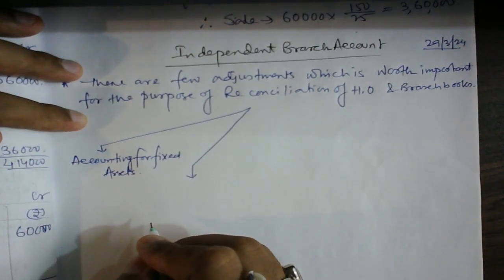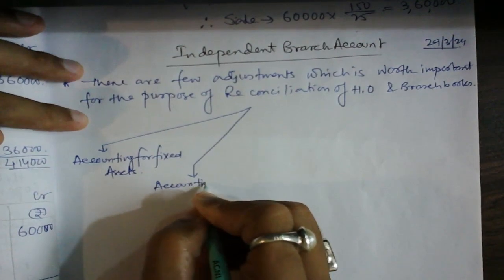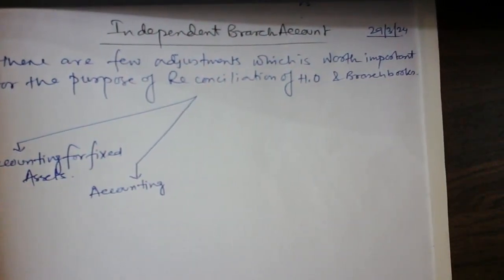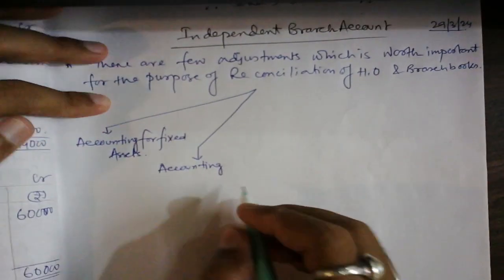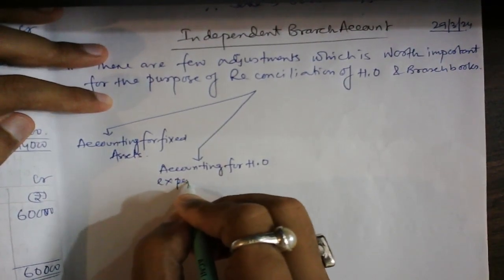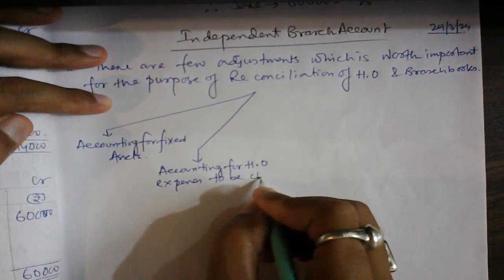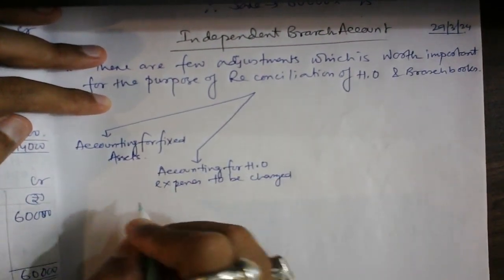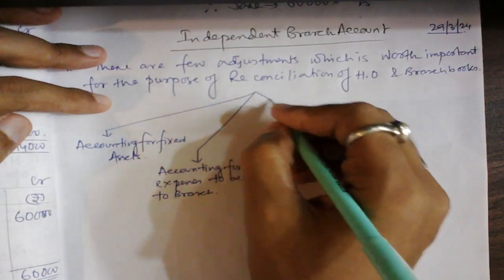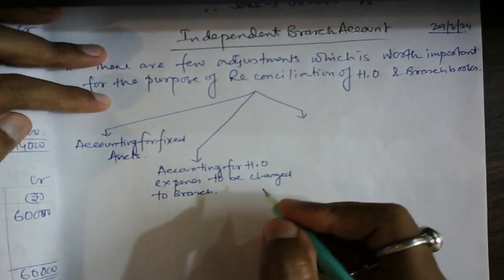Point 2, next is accounting for HO expenses to be charged to branch. Next, accounting for inter-branch transaction.